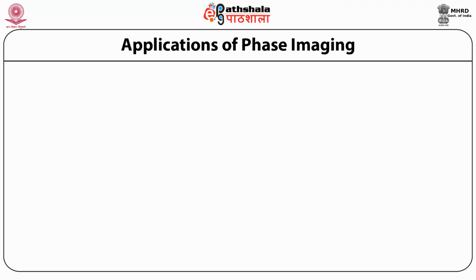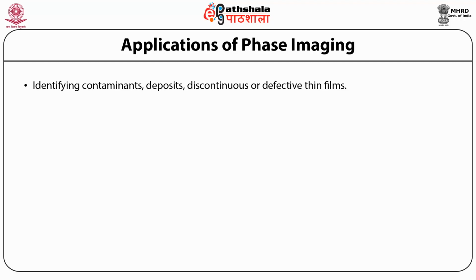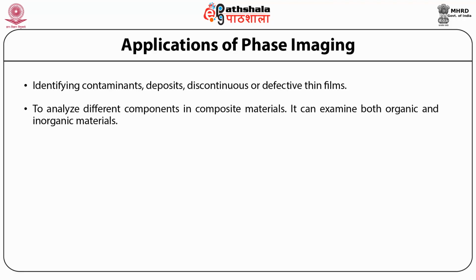The applications of phase imaging. It is useful in identifying contaminants, deposits, and discontinuous or defective thin films. It is used to analyze different components in composite materials. It can examine both organic and inorganic materials.